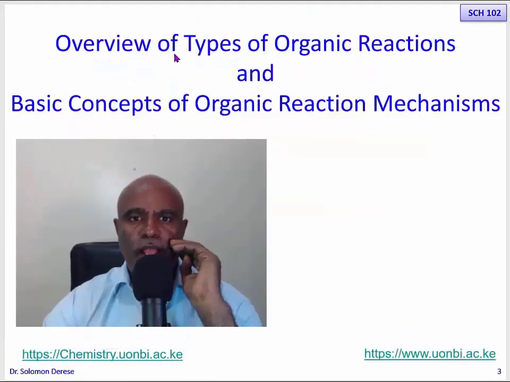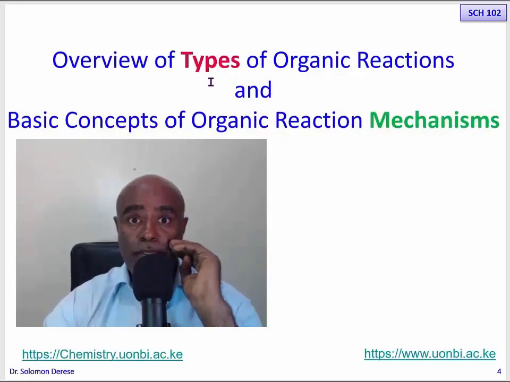Let's start by looking at an overview of the type of reactions and basic concept of organic reaction mechanisms. So organic reactions can be studied based on their types and their mechanisms.